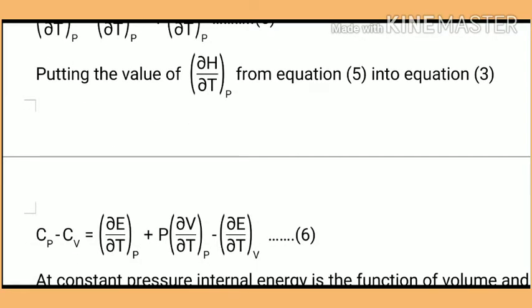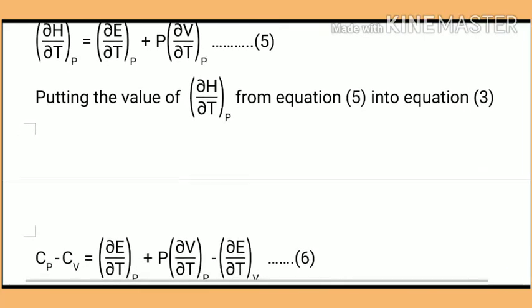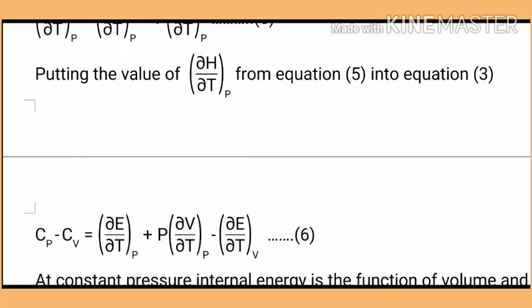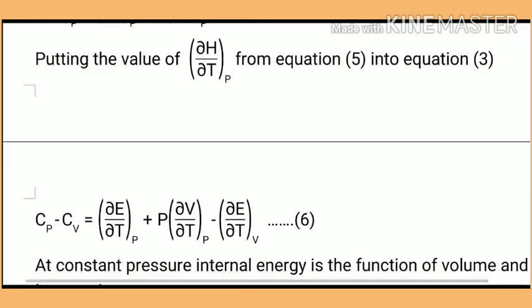We get another equation, number 6. Cp minus Cv is equal to del E upon del T at constant pressure plus P del V upon del T at constant pressure minus del E upon del T at constant volume.